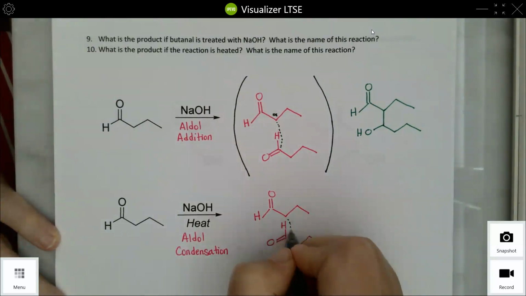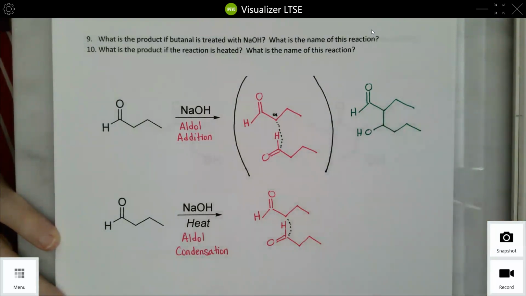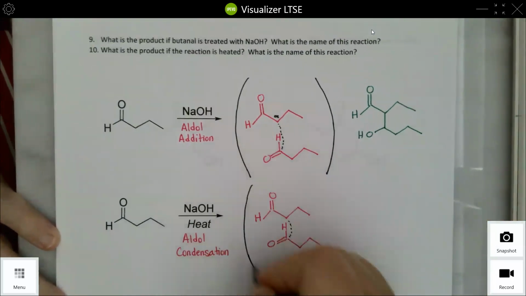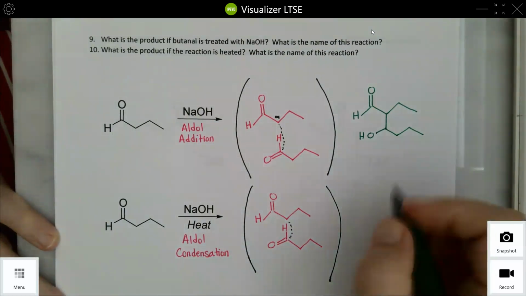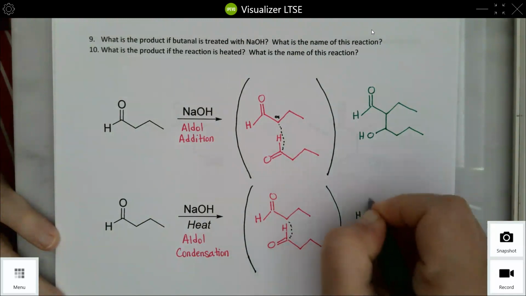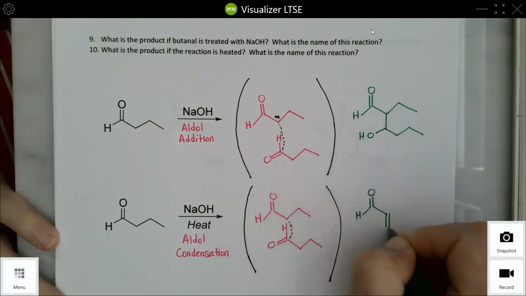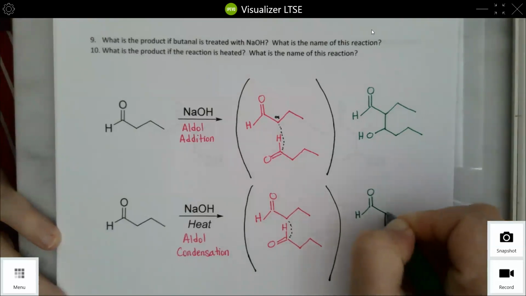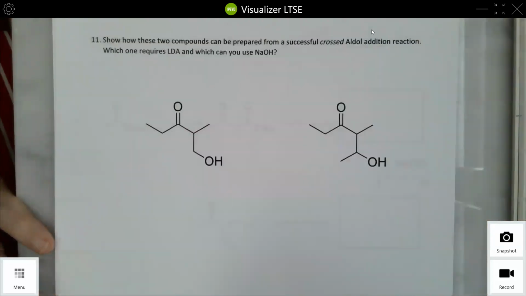But instead of forming the alcohol here, we're going to go all the way to the alkene. So in the end, we will get an alpha beta unsaturated aldehyde. Okay.